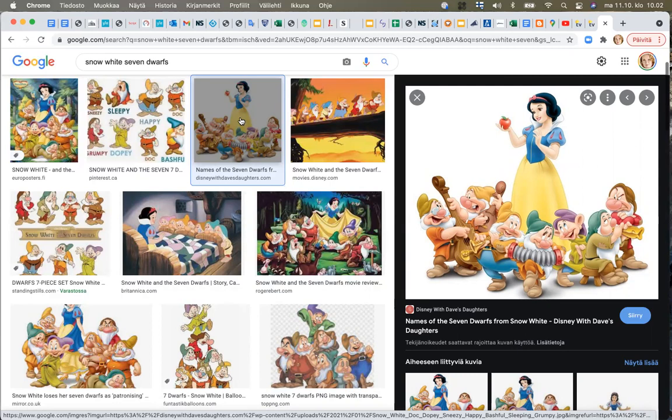Just as a side thing, by the way, did you know that in the original story the dwarves were probably based on real workers in mines?